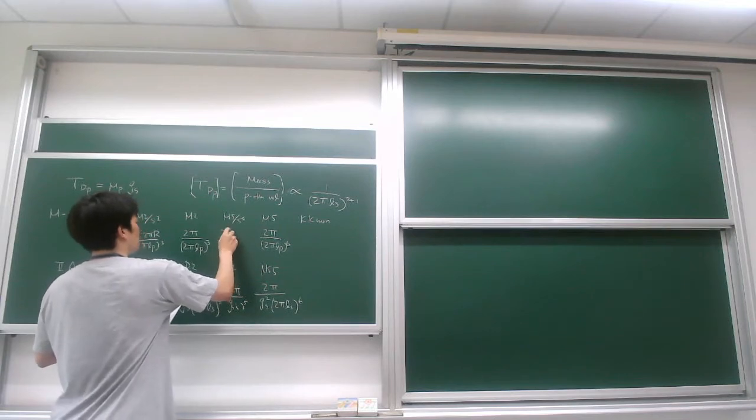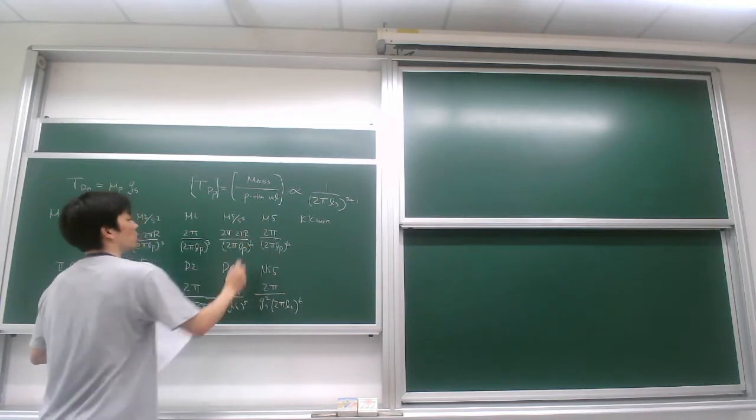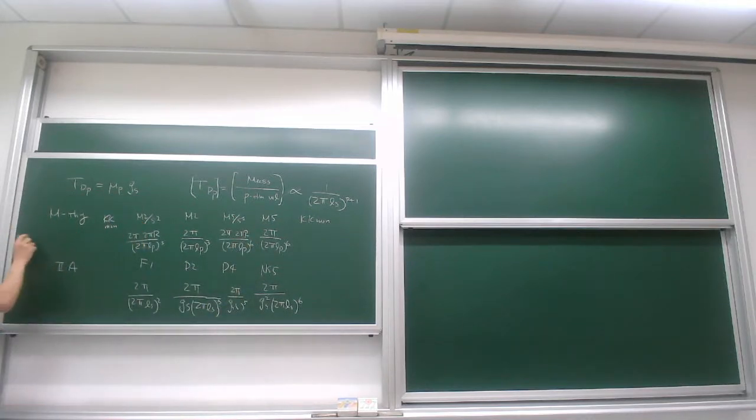You have the same thing, but instead of here, you have the M5-brane tension. So this is all tension, different tension of extended objects.